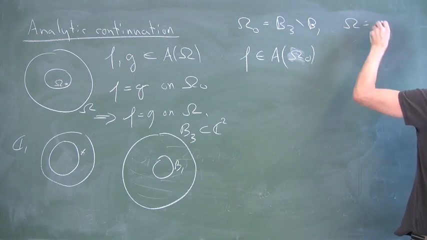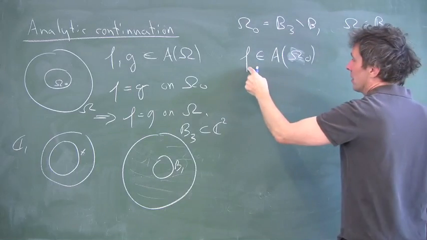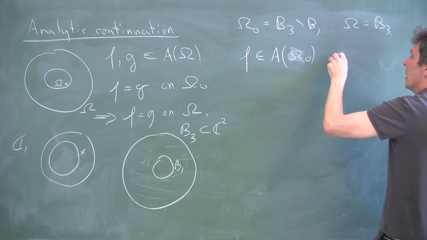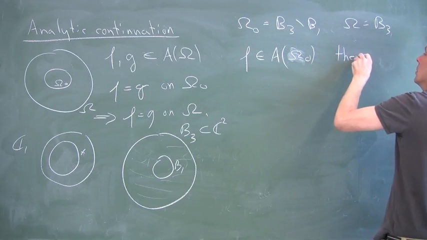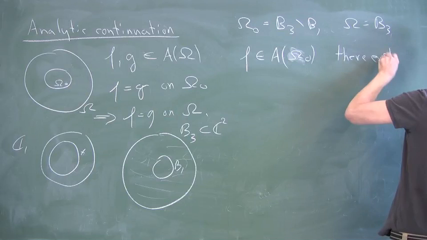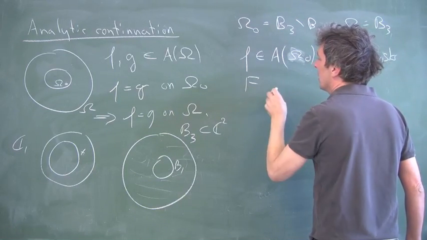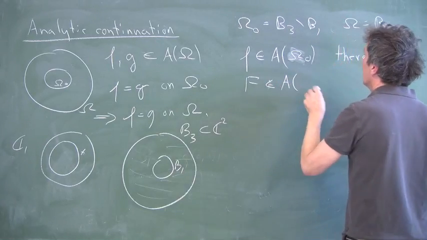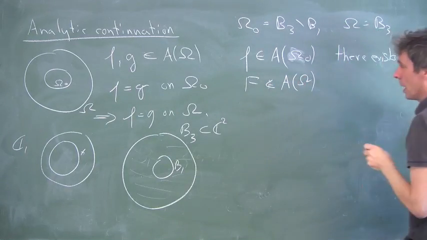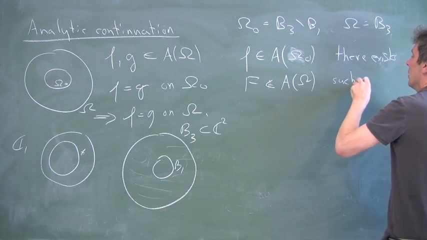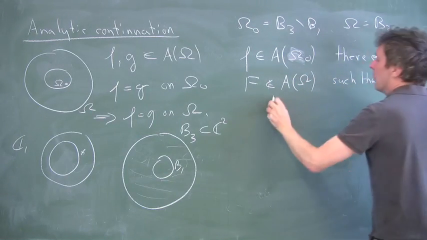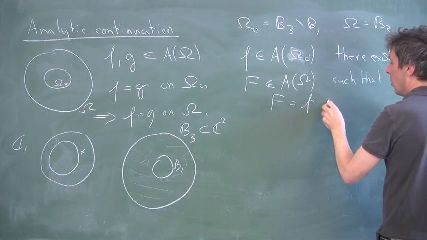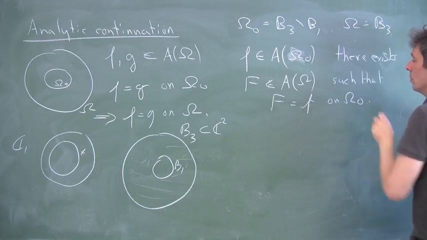So we let omega be equal to B3, and the statement here is then that given this function, there exists a function F which belongs to the set of analytic functions in omega, such that capital F is equal to f on omega naught.